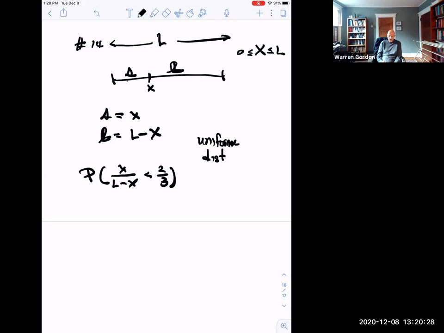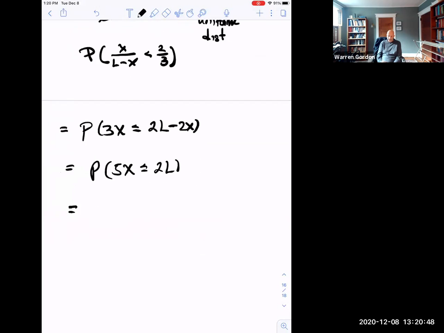So let's rewrite this. This is the probability that 3x is less than or equal to 2L minus 2x. That's equal to the probability that 5x is less than or equal to 2L, which is the probability that x is less than or equal to 2L over 5.